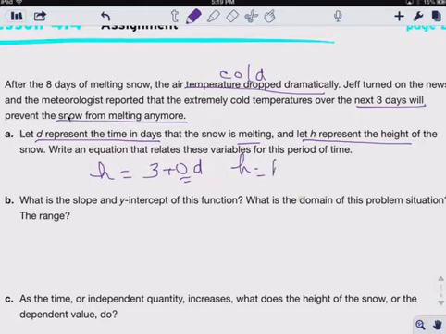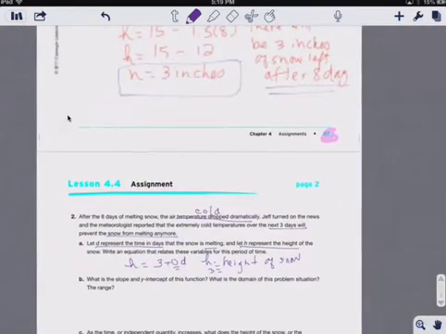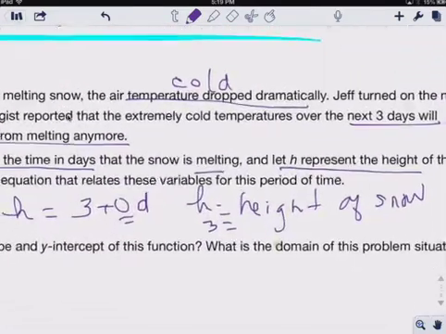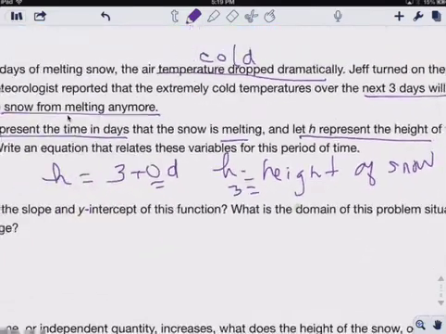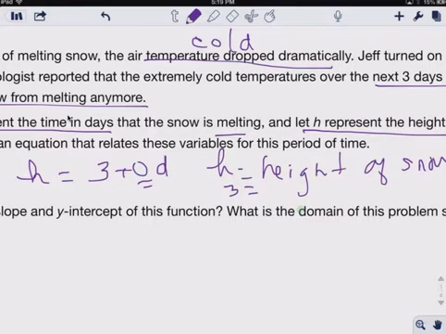H equals the height of the snow. 3 is the snow that's left after 8 days.